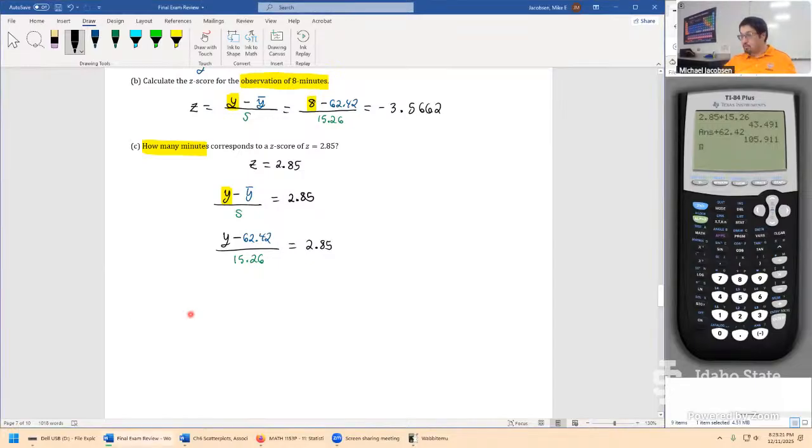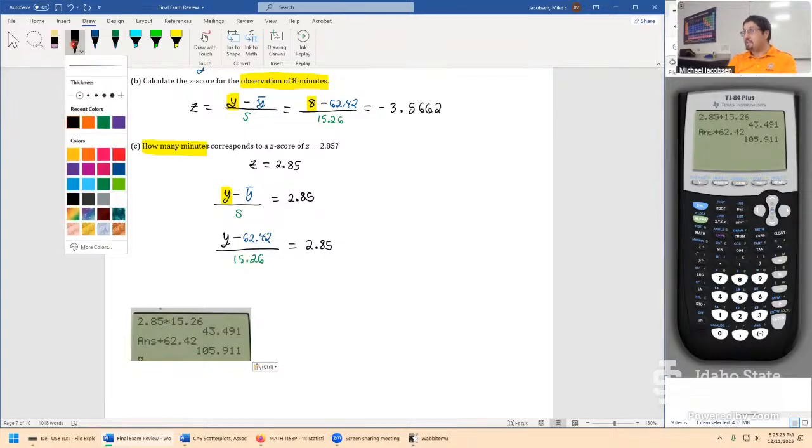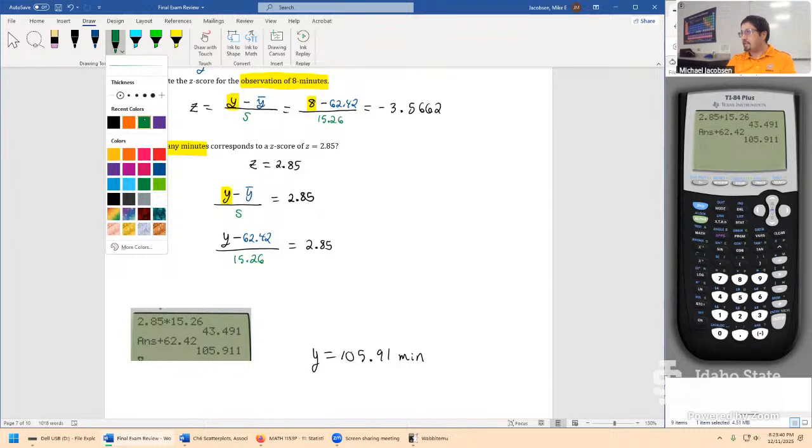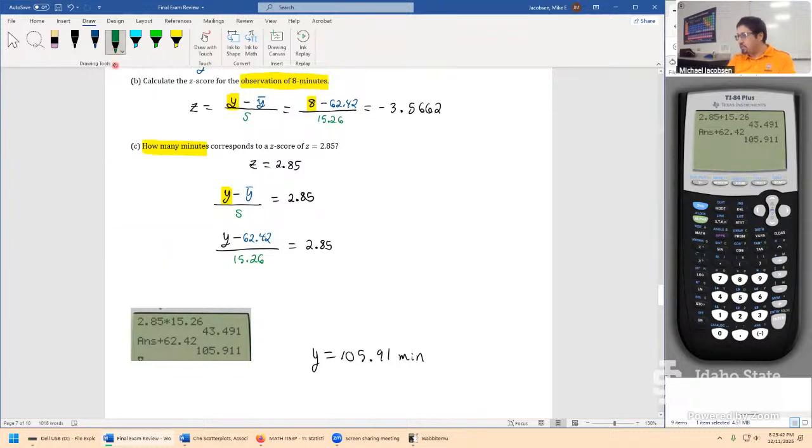So let me put this down as a screenshot, just as one way to think about it. If you go that route, you have the solution. Y is 105 point, let's go for 2 decimal places, 91 minutes. So the first step is, let me make sure this really shows up. I think that's as best as we can do.